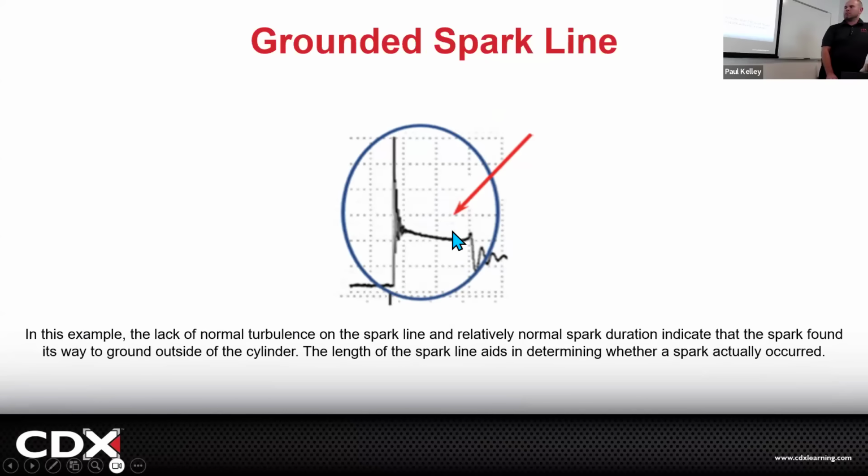Normally, we'd see some turbulence, which is the compression building in the cylinder. This one's so smooth, it's too smooth. I think this one could actually be arcing to ground or something. But at least we know that the spark occurred because this is showing the spark. It just doesn't seem like the spark's occurring in the cylinder. It seems like it's occurring on the valve cover or something.